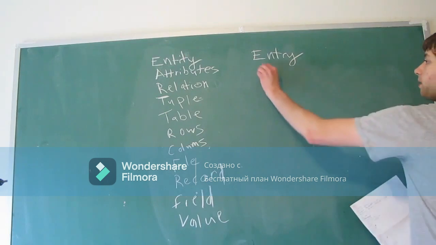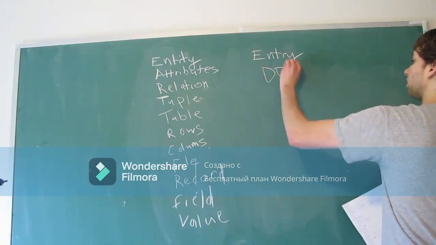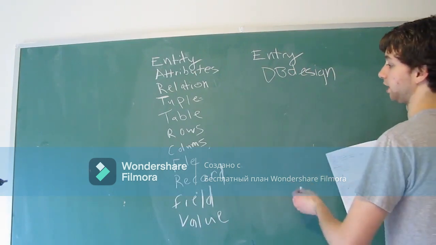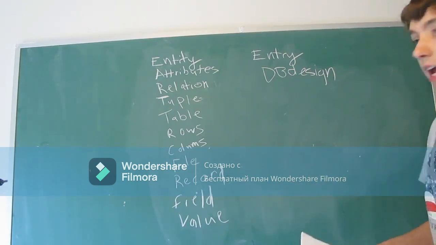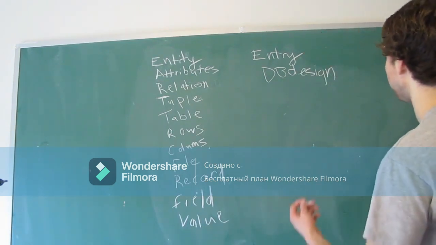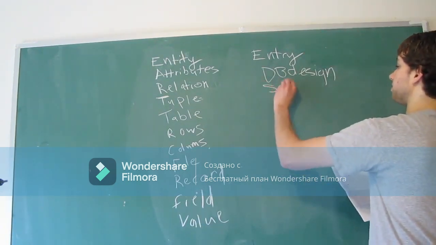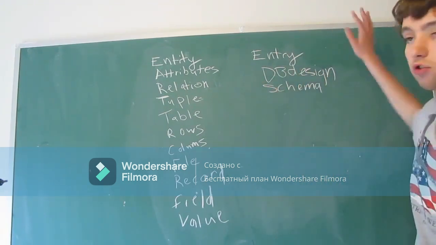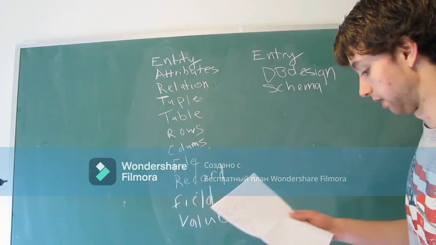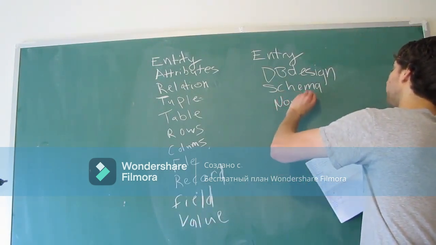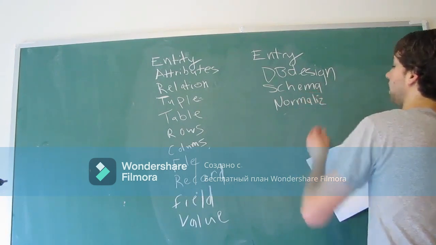Database design: the process of designing your tables to remove anomalies and have data integrity. Schema, however you want to pronounce that, is just a drawn out structure of our database. Then we have a new term here, called normalize or normalization.